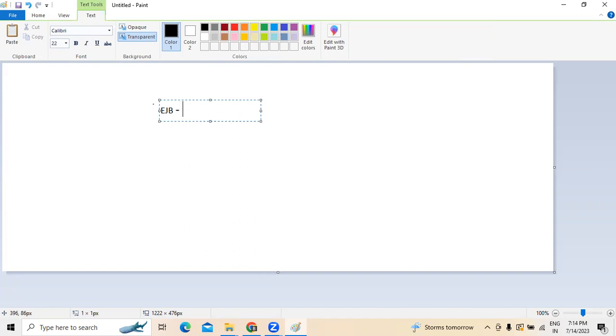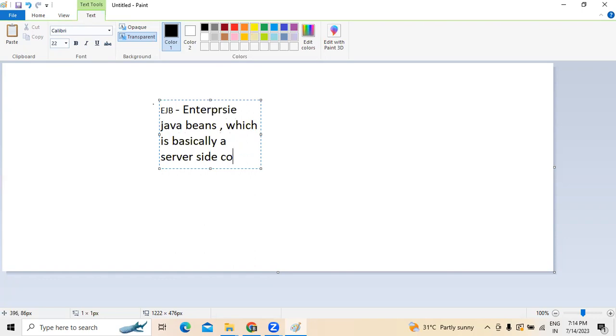So EJB stands for Enterprise Java Beans, which is basically a server-side component, because there are two different things: one is client-side and the second is server-side. As far as EJB itself is concerned, it is a server-side component.